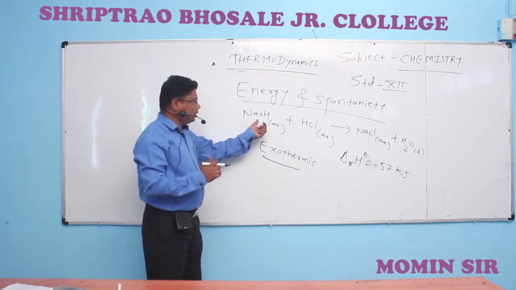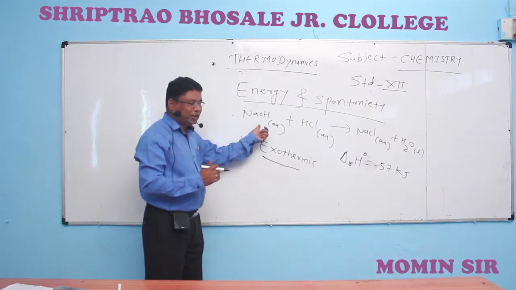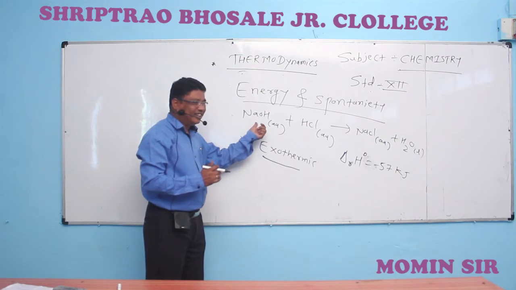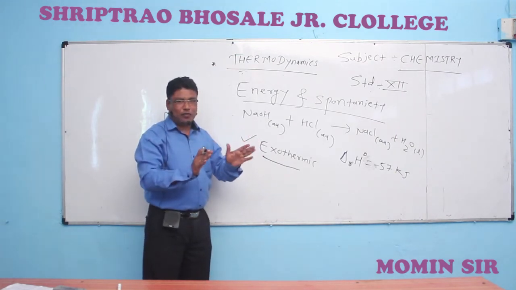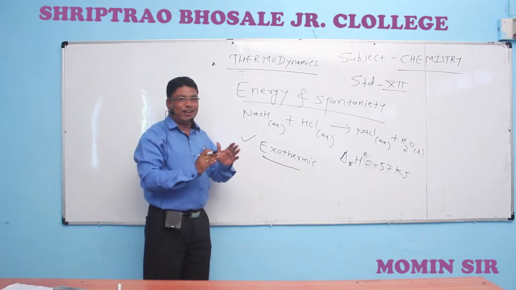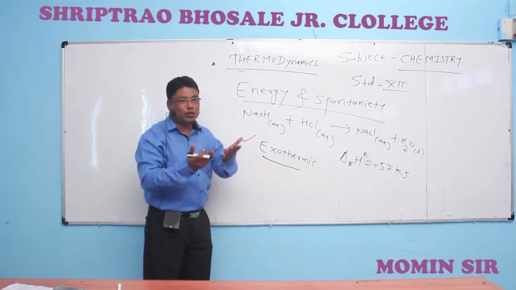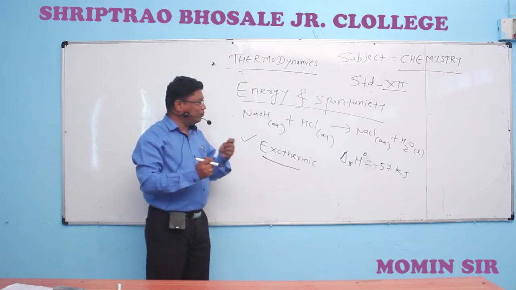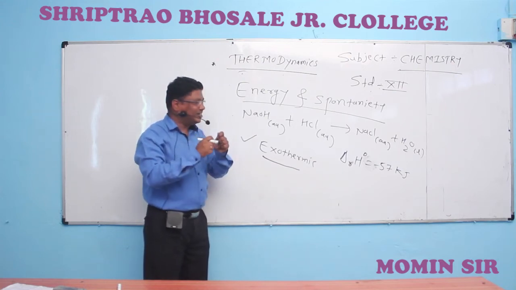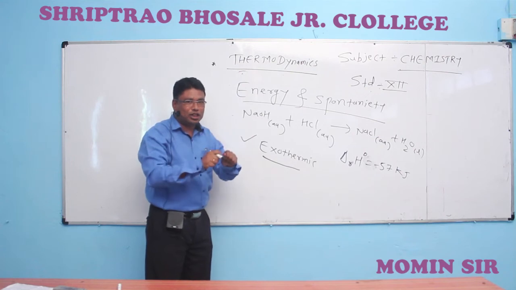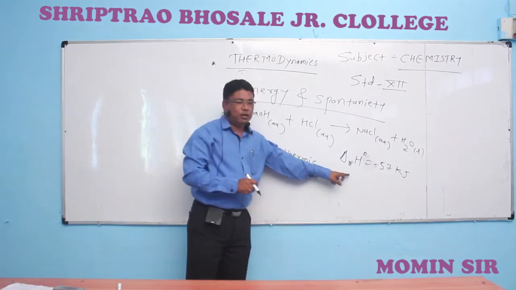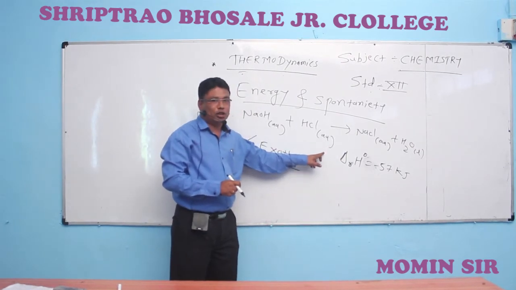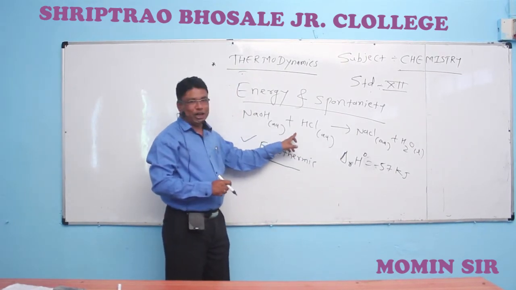Because this reaction or this process is the example of an irreversible reaction or spontaneous process, which doesn't require any external influence to carry out this reaction. When we take NaOH aqueous and HCl aqueous and mix these two reactants together, suddenly the reaction is found to be exothermic, means it is spontaneous.